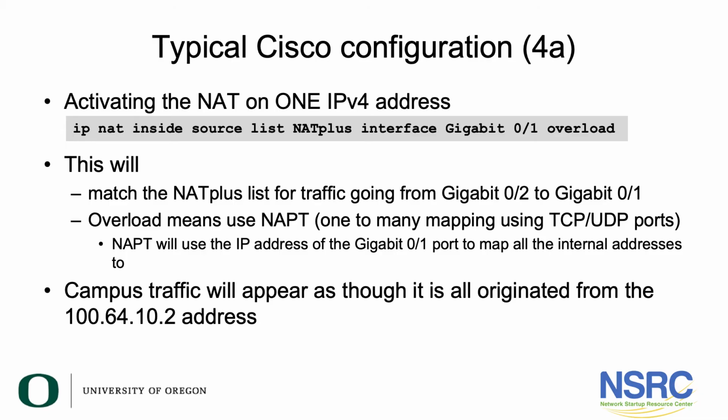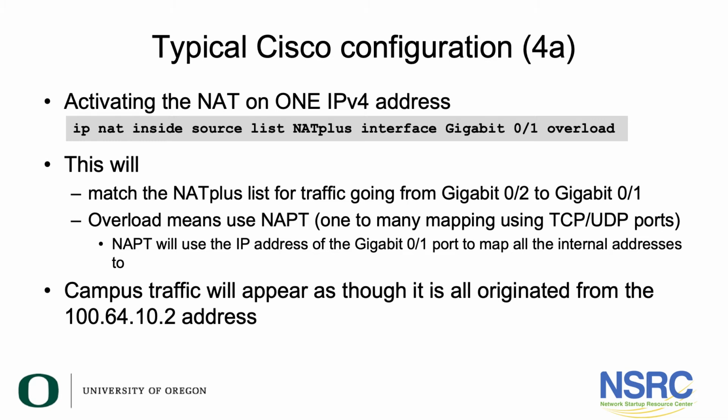Now the next statement will activate NAT on just one IP address, and we shall say ip nat inside source list, the list, and then the interface, the outgoing interface, then overload.